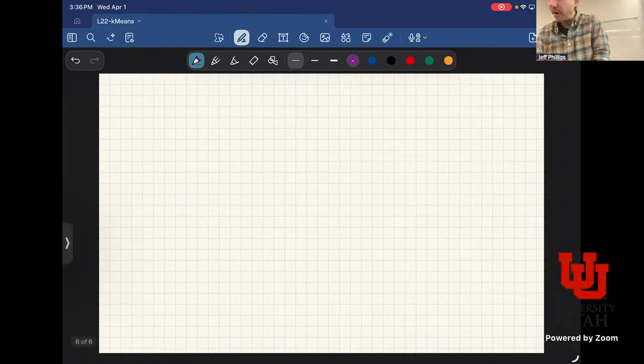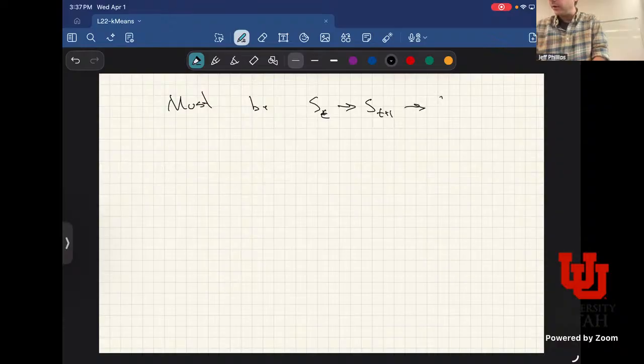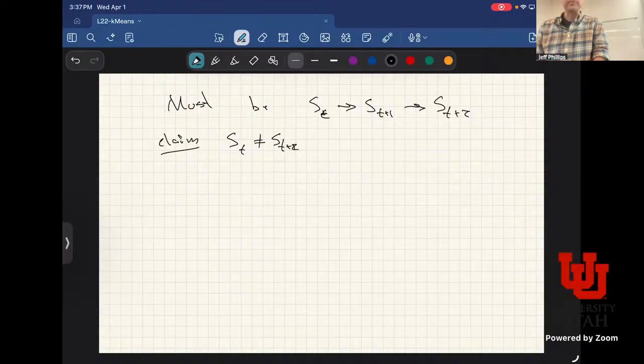So if I'm going through the set of sites, at some time t, t plus 1, t plus 2, then I claim that S_t cannot be equal to S_{t+2}.